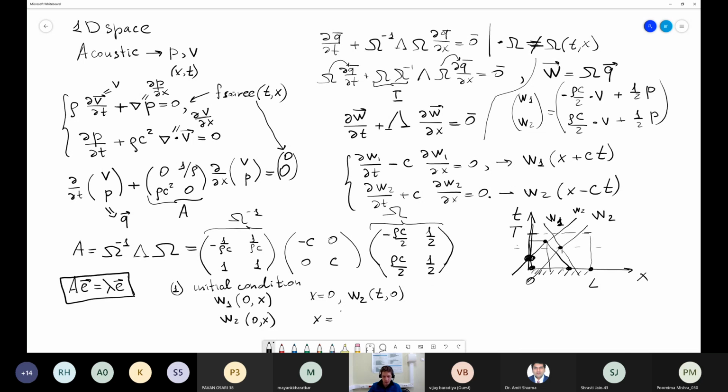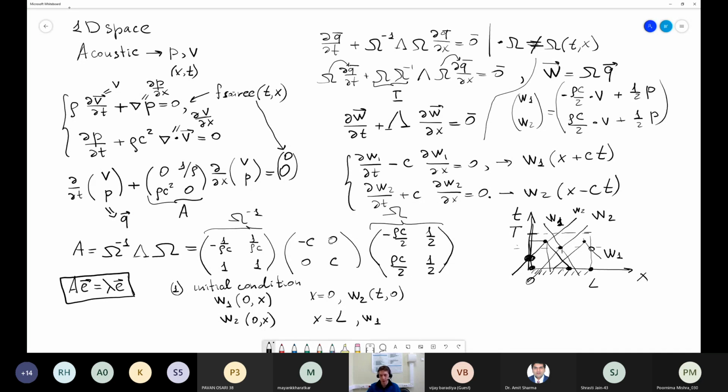And for x equal to L capital, somewhere here, we'll have the inverse situation. So on this boundary, we have to specify only the value of the first invariant. This is for this line, omega 2, and this is for this line, omega 1.